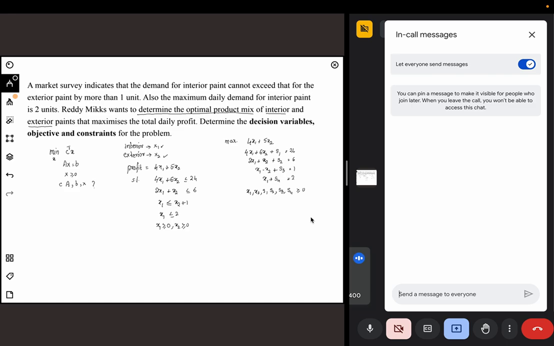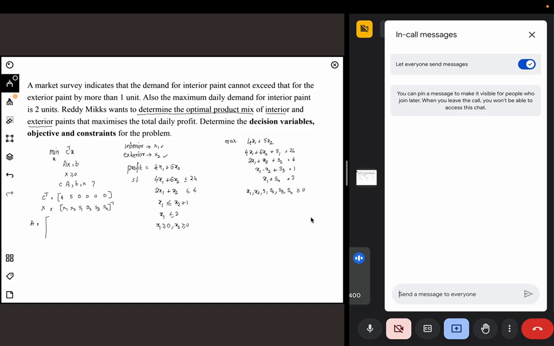Now you can write it in the matrix form. My C transpose will essentially be 4 and 5, and all the remaining ones will be 0. My X will be all the variables that I have, and A will be the big matrix that I have here.